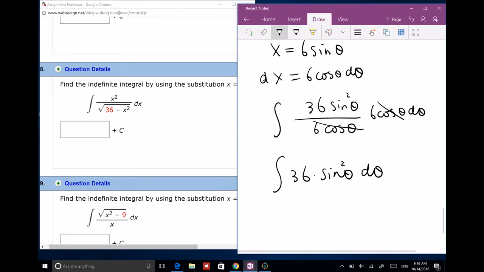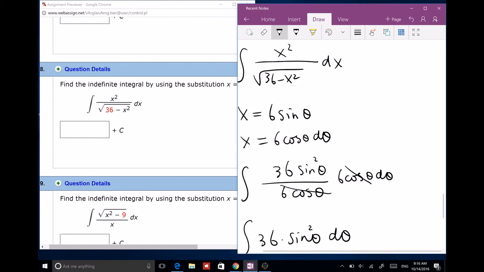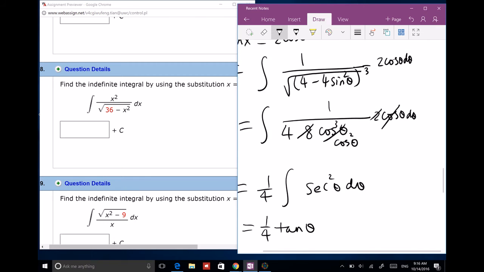Then we use the power reduction formula, 36 times half of 1 minus cosine 2 theta. So reduce it to 18. Take the antiderivative of 18, which is 18 theta. Take the antiderivative of 18 cosine 2 theta, which is 18 sine 2 theta over 2. Plus c. Does that make sense, everyone? Am I done? Wait, I'm not done here, right?